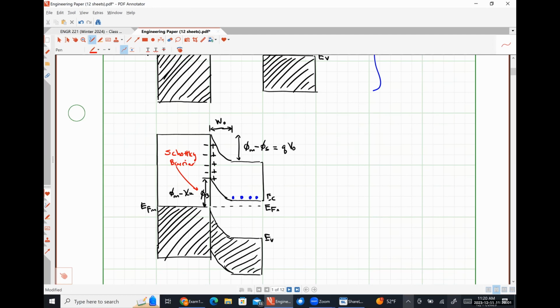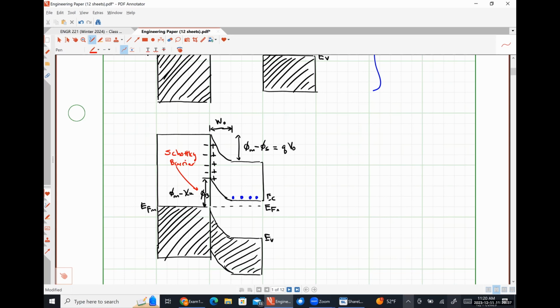So effectively this Schottky barrier is making sure that electrons can't diffuse from the metal into the semiconductor, because as I pointed out earlier, the metal has a whole hell of a lot more electrons than the semiconductor does, meaning that we would expect diffusion to occur from the metal into the semiconductor, but they see a very, very large energy barrier that's preventing them from diffusing. Right, so it's hard for electrons to jump over there.